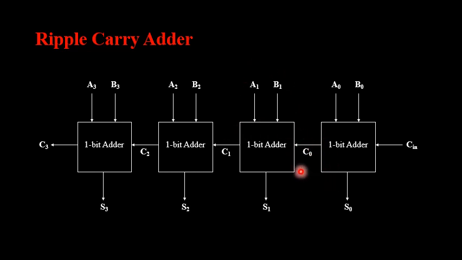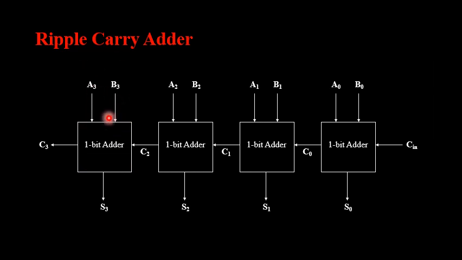Unless and until there is a carry output generated from the previous stage, that is this particular first bit output, I cannot expect the exact output appearing at the carry output C1, which is in turn behaving like an input for the next stage of a single bit adder cell. Once again, it is yielding the sum output S2 and carry output C2, which is behaving like an input for your single bit adder cell along with the operands A3 as well as B3.